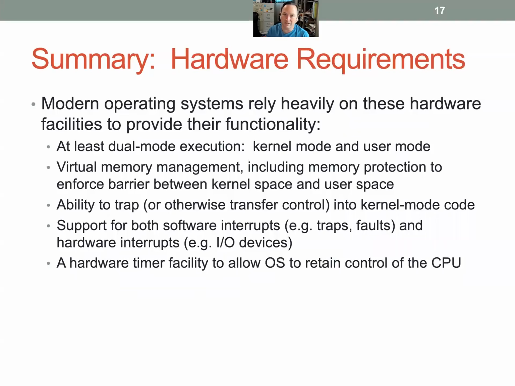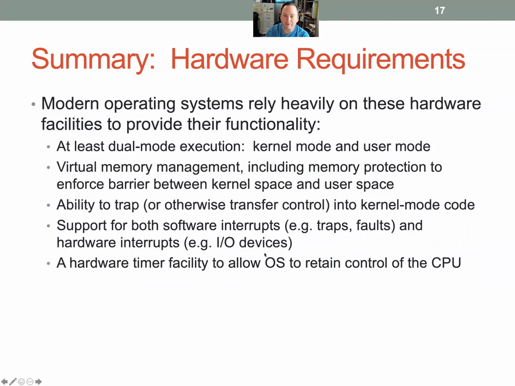Okay, so this is just the summary slide of what we'd like to have on hand to implement a modern operating system. Last time we talked about dual mode execution, kernel mode and user mode. We talked about virtual memory management because this is how we build address space isolation between processes and kernel-user space isolation. The ability to trap or somehow get into the kernel.